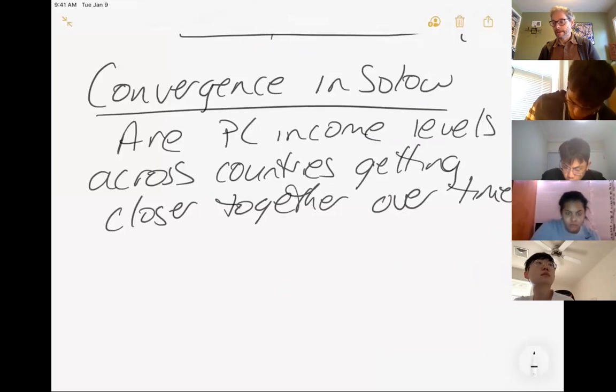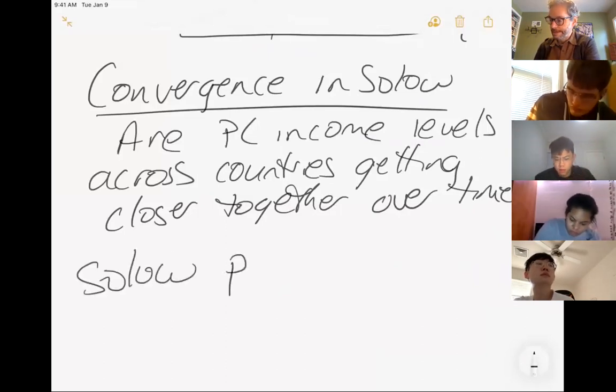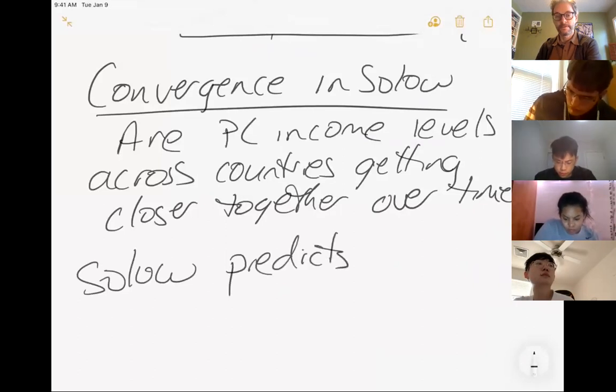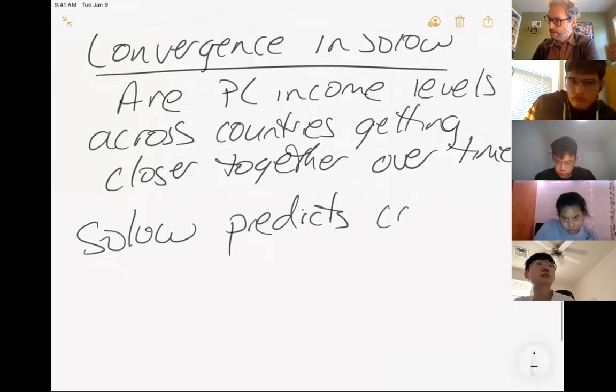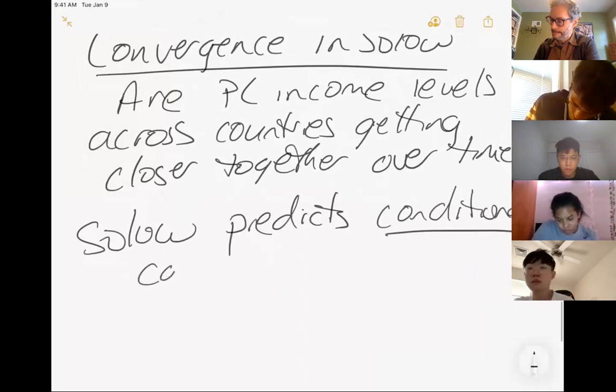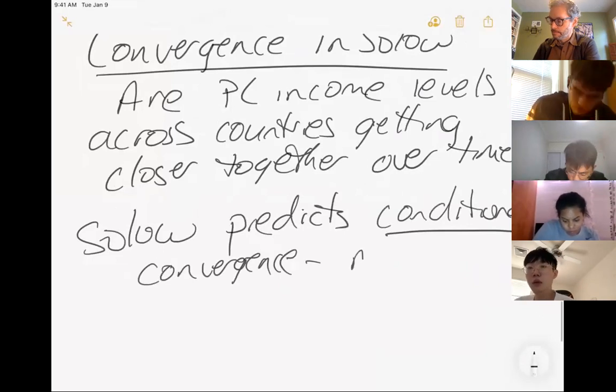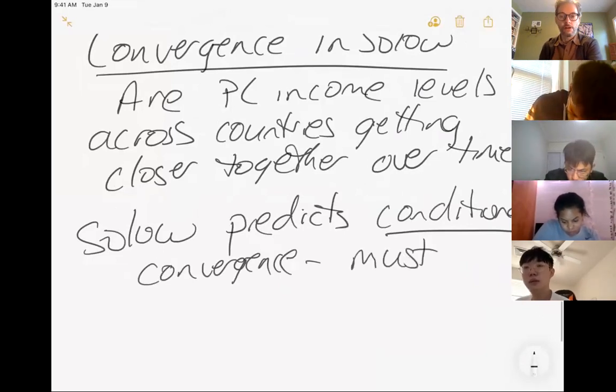The Solow model predicts a form of convergence. We could call it conditional convergence. It does predict convergence, but there's a condition.